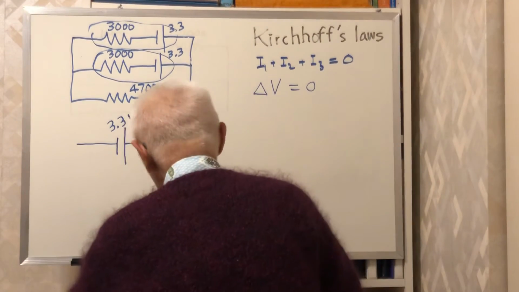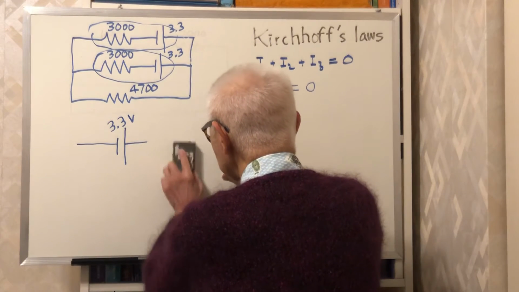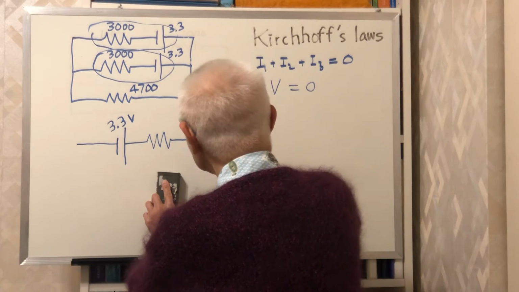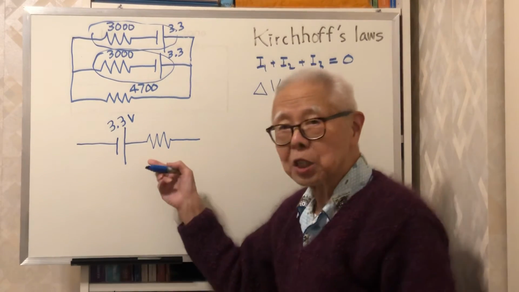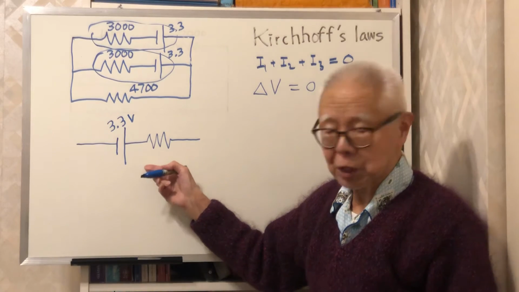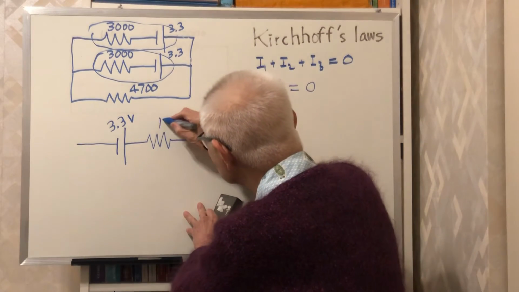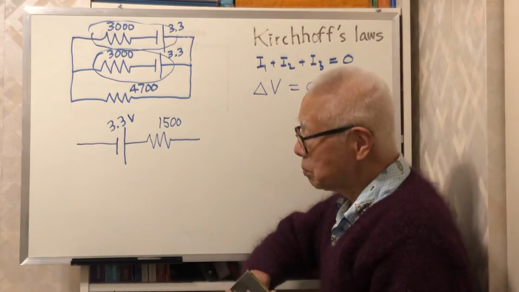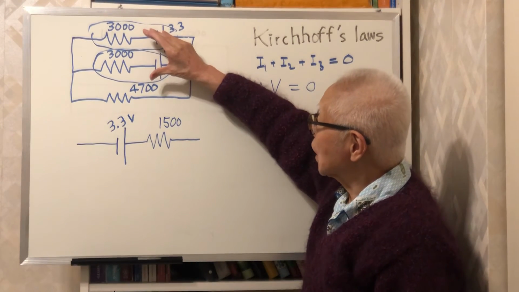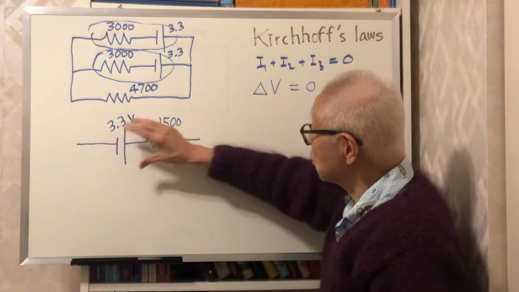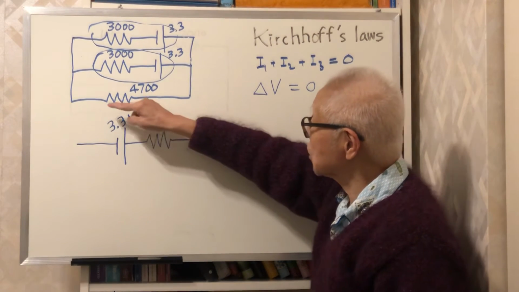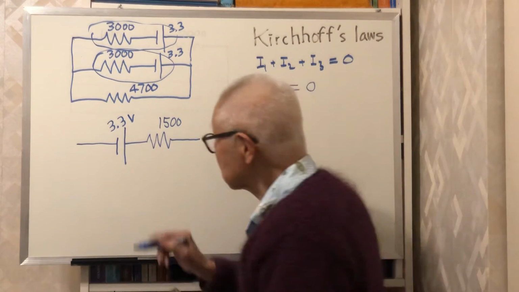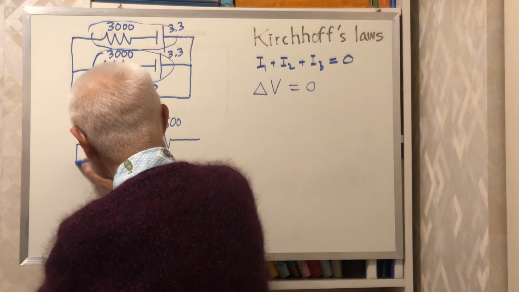So I need to show the internal resistance now. That is my equivalent single battery. Then these two batteries in parallel is equivalent to this, and this is connected in parallel with 4700 ohm.